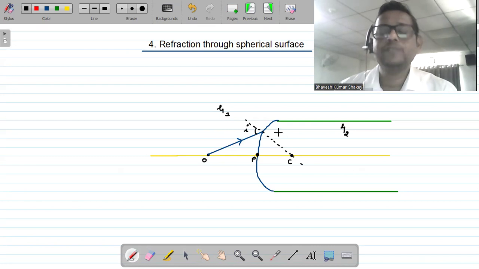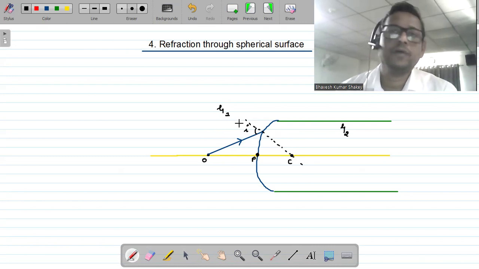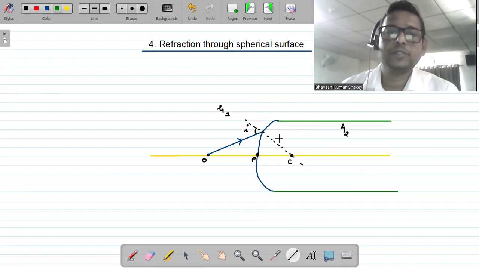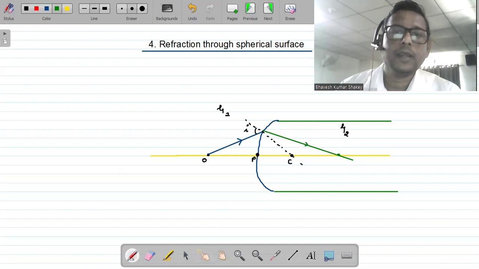You all understand very well that when the light ray travels from rarer medium to denser medium, it bends towards the normal. So this is the normal, and it bends towards the normal like this. So this is my refracted ray, and let's say this point is M.